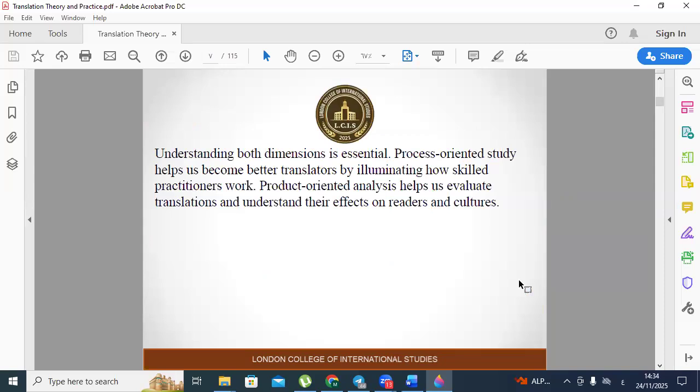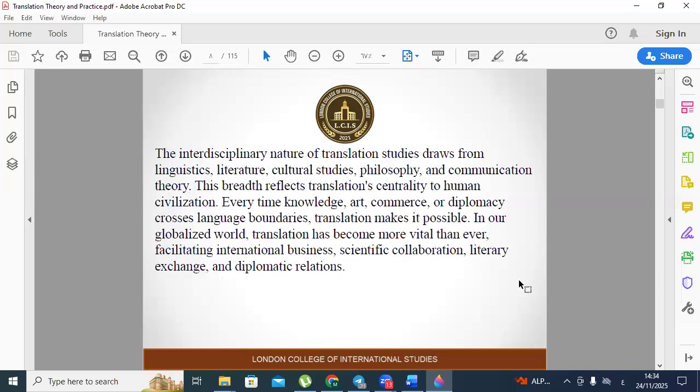Process-oriented study helps us become better translators by illuminating how skilled practitioners work. Product-oriented analysis helps us evaluate translations and understand their effects on readers and cultures. The interdisciplinary nature of translation studies draws from linguistics, literature, cultural studies, philosophy, and communication theory.